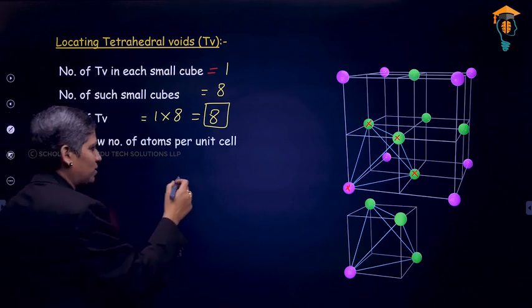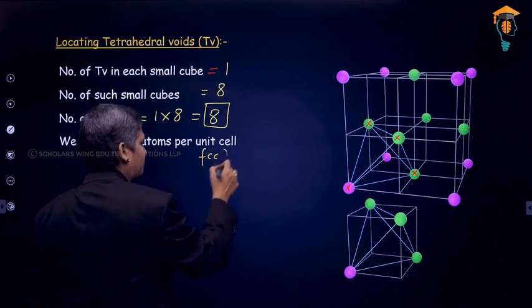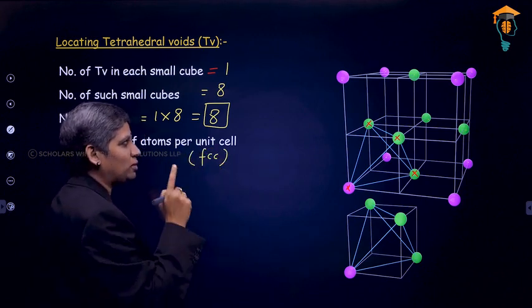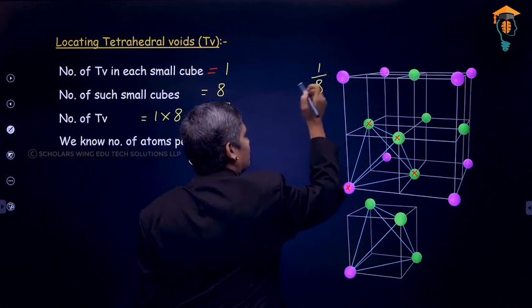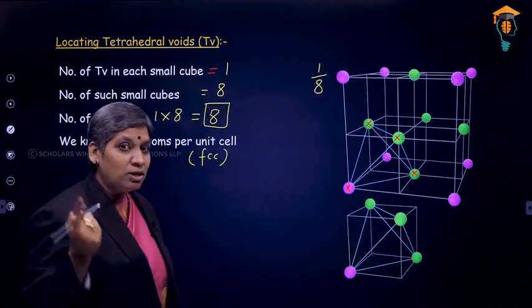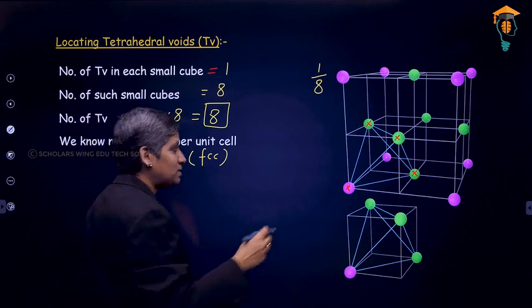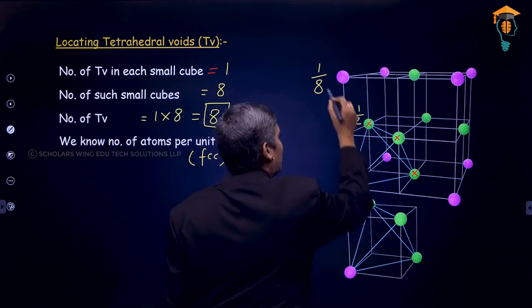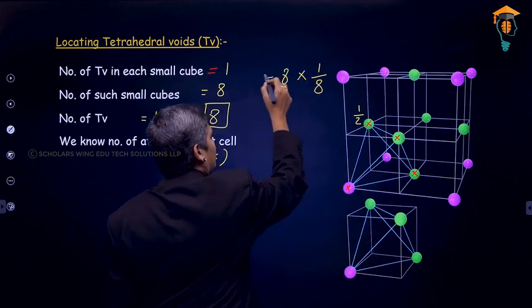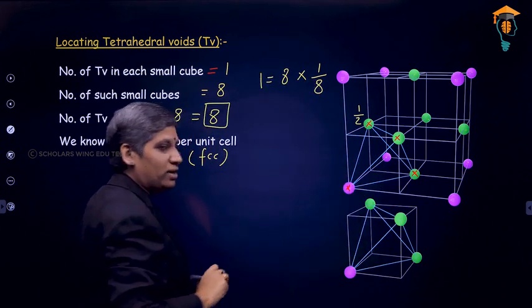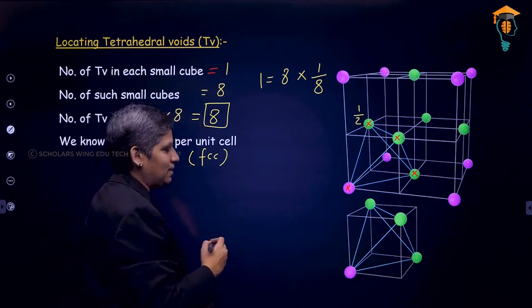Which unit cell we are talking about? FCC. So the contribution made by the corner atom is 1 by 8, and the contribution made by the face centered atom is half. How many corner atoms are there? 8. So 1 by 8 into 8 will be 1, isn't it? I'm just trying to recall it for you guys so that you understand easily here.